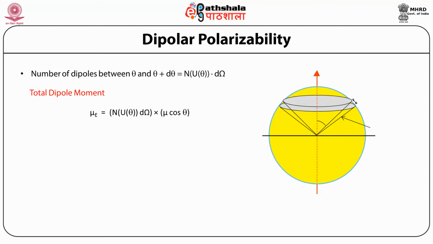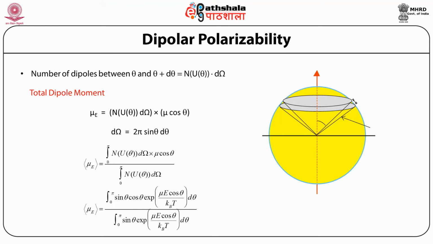So the incremental solid angle can be expressed as d omega is equal to 2 pi sine theta d theta. So on solving the equation further, we get the expectation of mu is equal to the integration from 0 to pi of sine theta cos theta exponential of mu E cos theta by kBT d theta, divided by the integration from 0 to pi of sine theta exponential of mu E cos theta by kBT d theta.